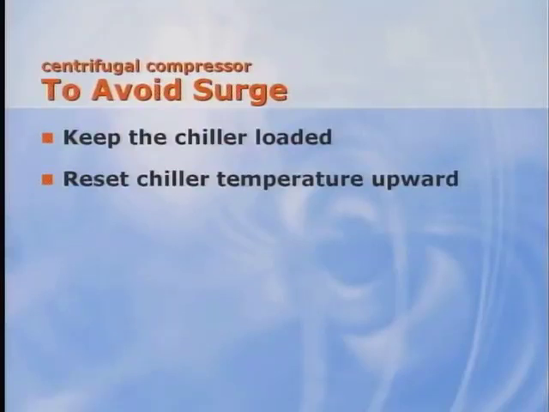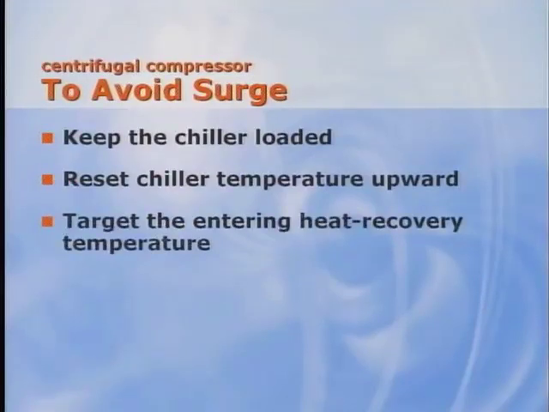If your heat recovery chiller is operating during cooler months, dehumidification might not be as high of a concern. But the primary issue that needs consideration is whether you regulate your heat recovery capacity on the entering water temperature or the leaving water temperature. For centrifugal chillers, you need to target the entering heat recovery temperature.